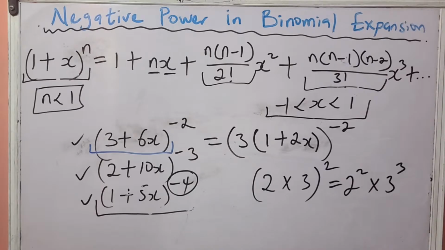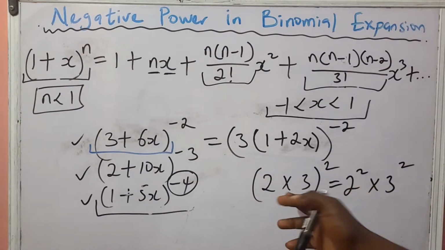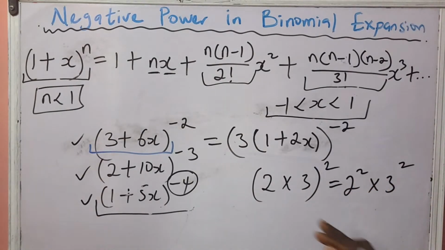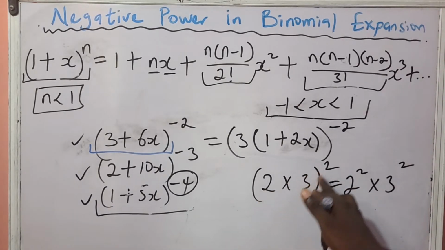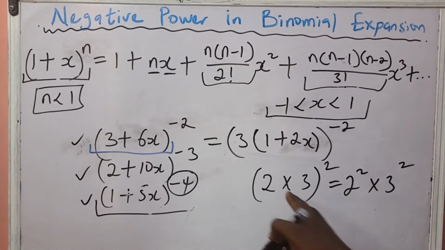If you want us to go on to confirm it, let's confirm it quickly. Sorry, 3 raised to the power of 2, not 3. We can confirm if this is correct. It's very easy. I said that if you had 2 times 3, everything raised to the power of 2, it is the same thing as writing 2 raised to the power of 2 times 3 raised to the power of 2. Let's see. What is 2 times 3? 2 times 3 is 6.